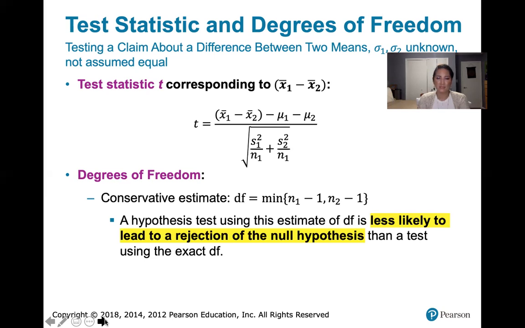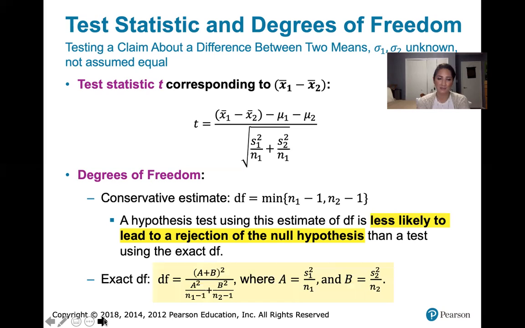Or in other words, the range of values of the test statistic, or the corresponding sample statistic x sub 1 bar minus x sub 2 bar, for which we choose not to reject the null hypothesis, that range of values in the middle is going to be larger with this conservative estimate of the degrees of freedom. So we're erring on the side of not rejecting the null hypothesis, and this conservative estimate will lead us to be less likely to reject that null hypothesis.